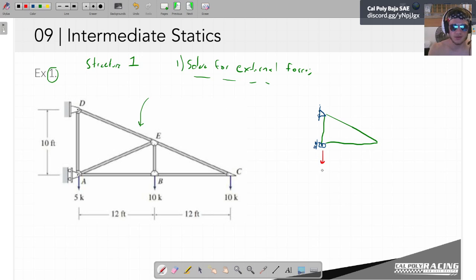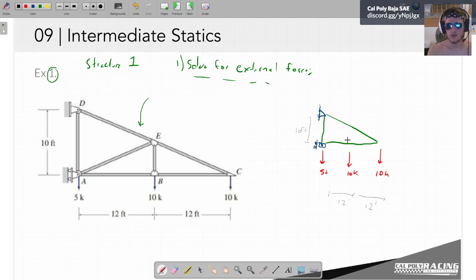So we've got, this is 5K, this one is 10K, and this one is also 10K. And then we also have some dimensions. So there we have 10 feet, and then we've got 12 and 12. All right, that one's too thin.